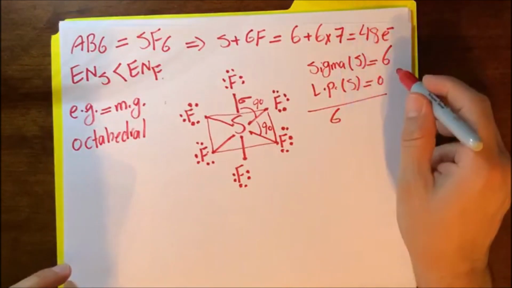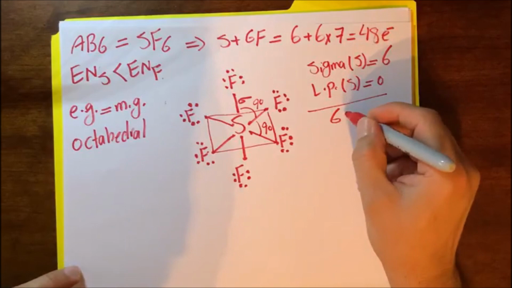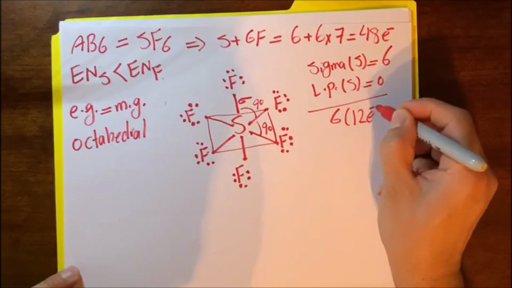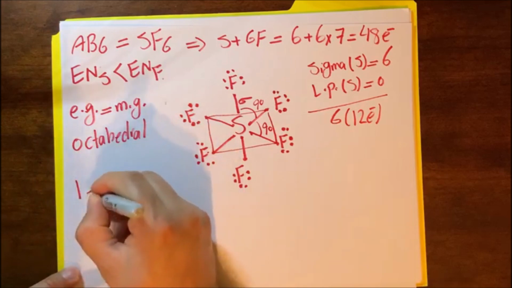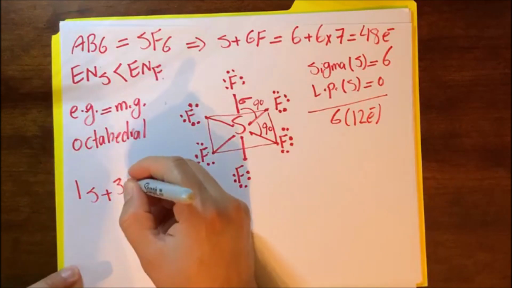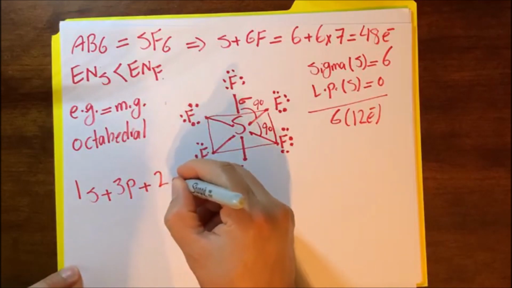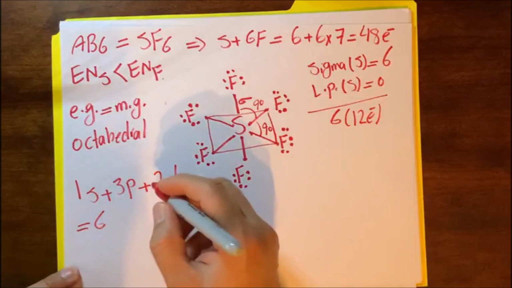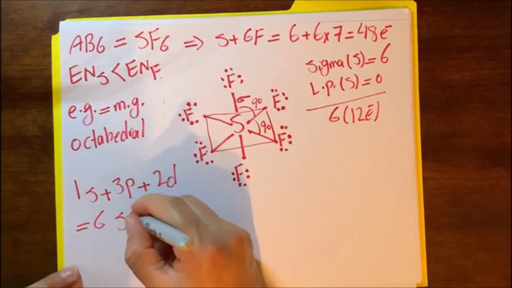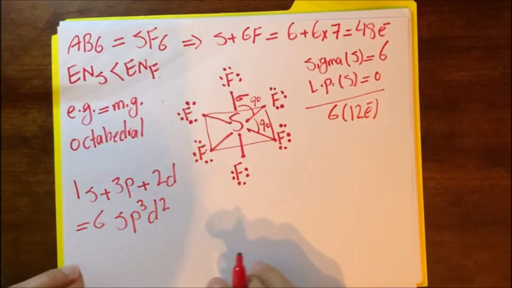Hybridization, yeah, you have 6 sigma, so you're dealing with 12 electrons. You need to accommodate 12 electrons. You go with 1 from S, 3 from P, until now we got 4. We need 2 from D, so we will get 6 orbitals of S, P3, and D2.